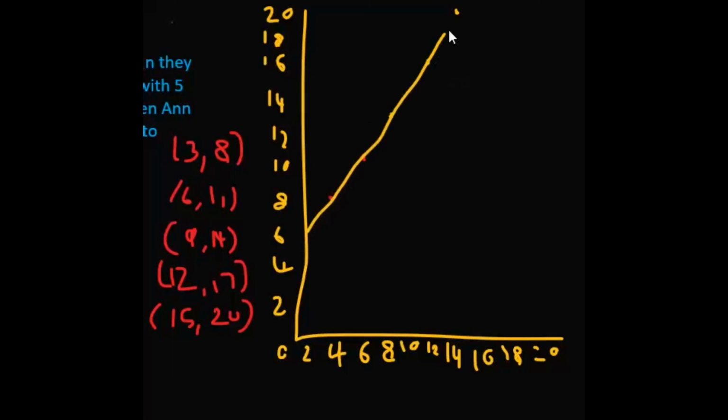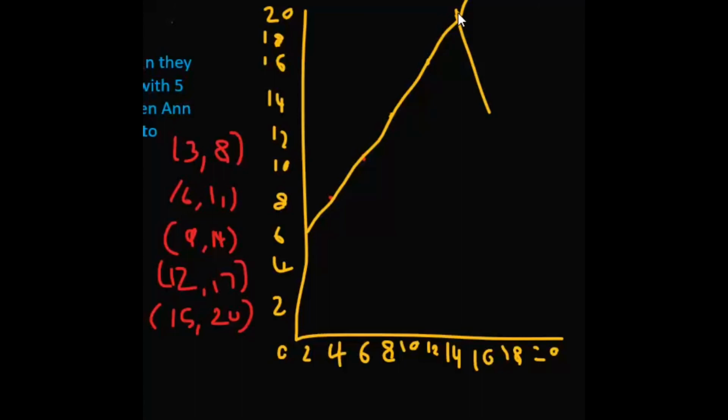We would see that once Anne reaches 30, we were looking for when Anne reaches 20, which is about, sorry, not the straightest of lines. So it would be about 20, right?